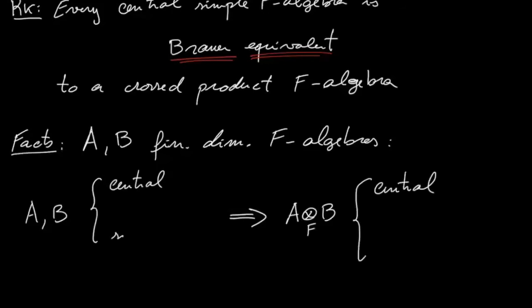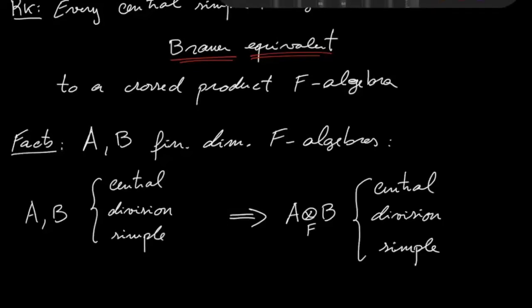Also, if they are both simple, the same holds for the tensor product. But if both of them are division algebras, then it's not necessarily true that the tensor product remains a division algebra. So if one wants to introduce tensor products, it's better to use central simple algebras instead of division algebras.